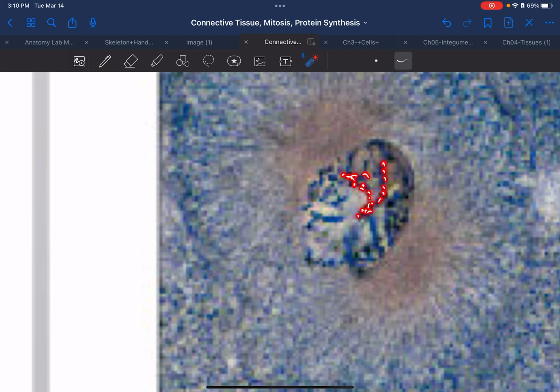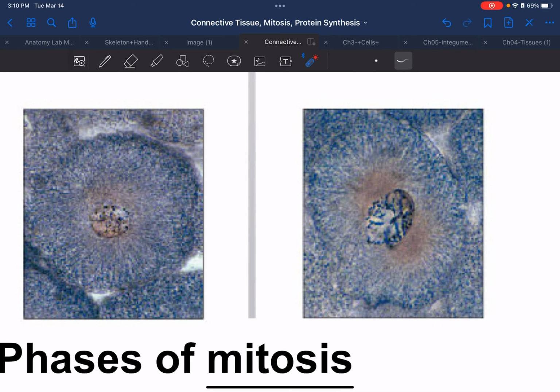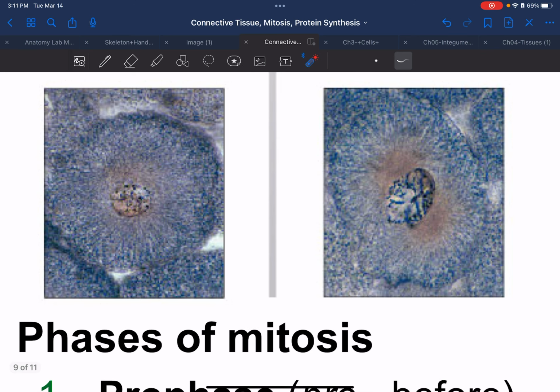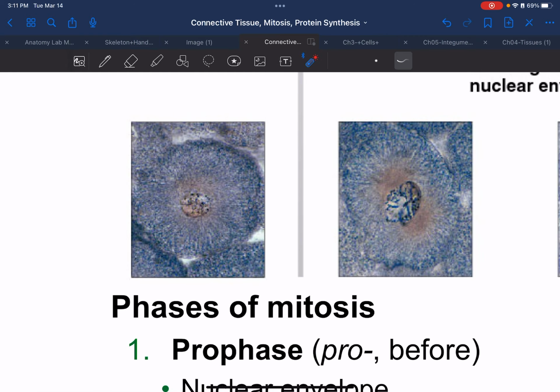They get larger. And that's what we mean by condensing. You can see from this picture to the one on the right-hand side that the chromosomes have condensed, or the DNA molecule with its protein complex is now much more visible.